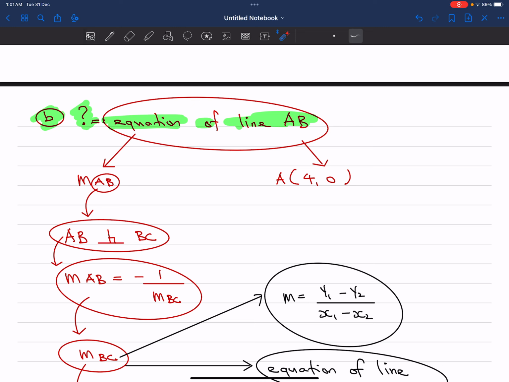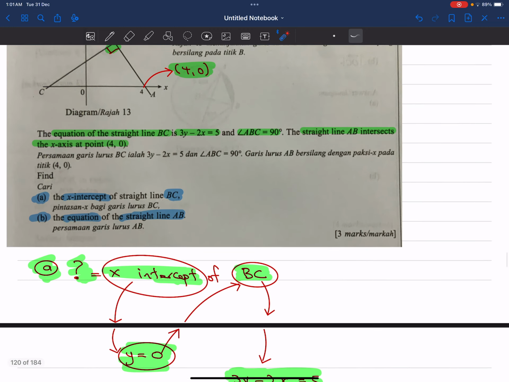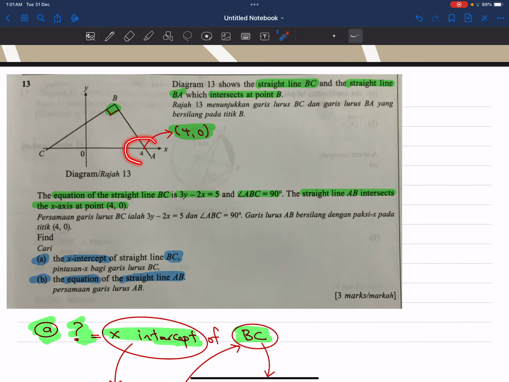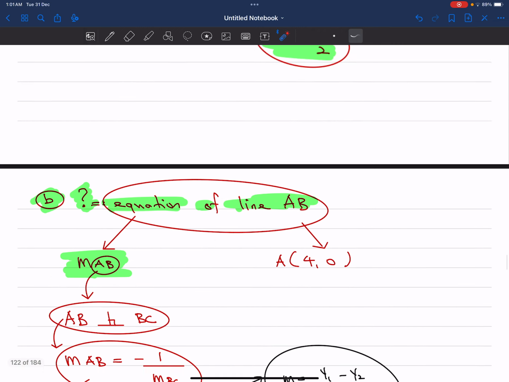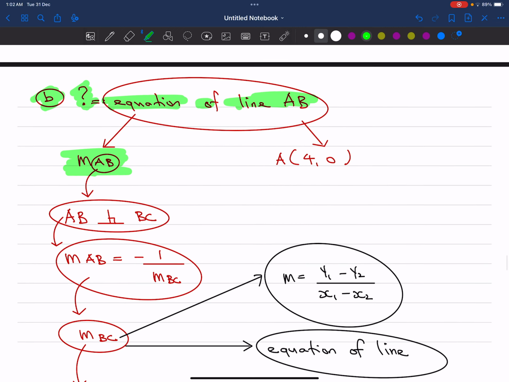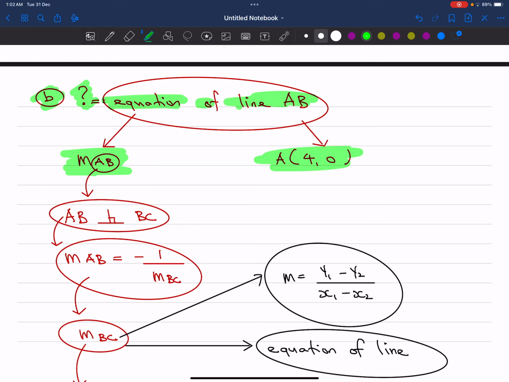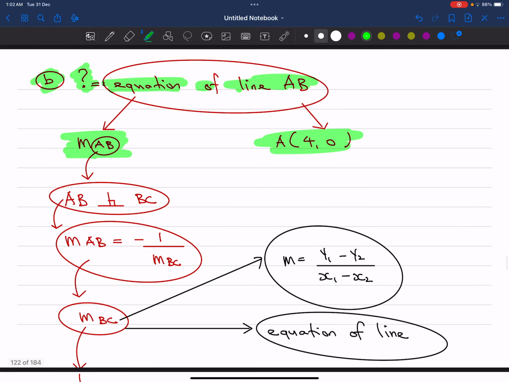Therefore I need the gradient of AB and a point on AB. In this question, we already have the point on AB, which was the point A, (4, 0). So now only we have to find the gradient of AB.